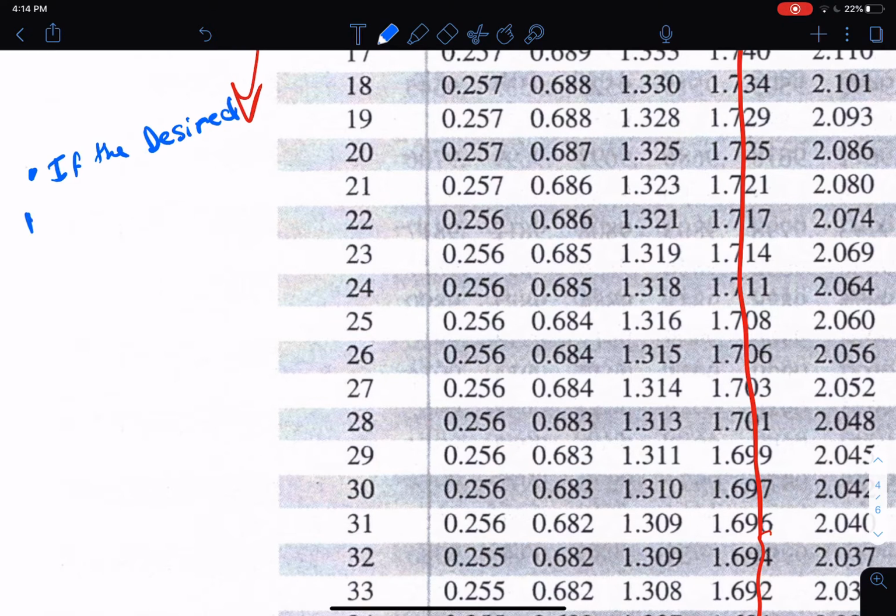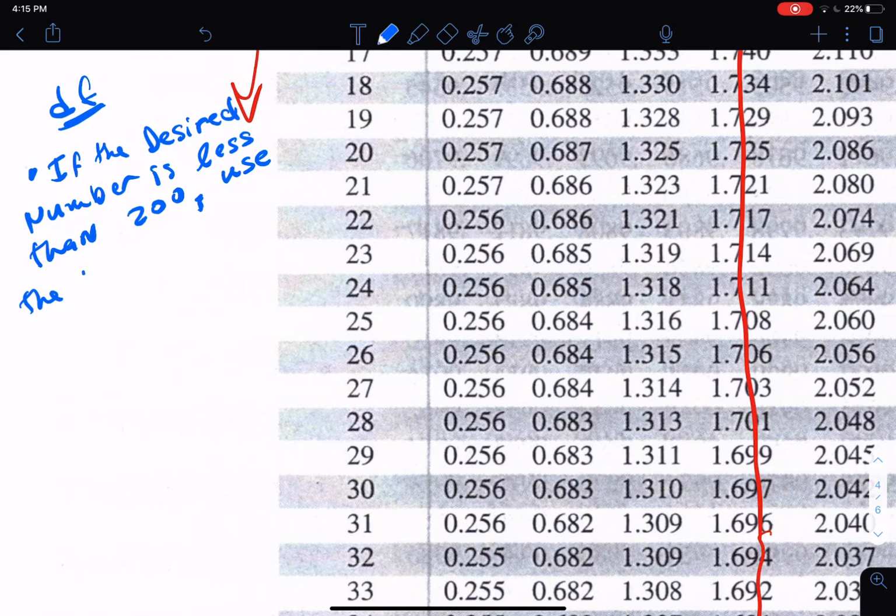Bullet point: if the desired number, we're talking about degrees of freedom, by the way, if the desired degree of freedom that you're looking for is less than 200, then you're going to use the next smaller number in the table.